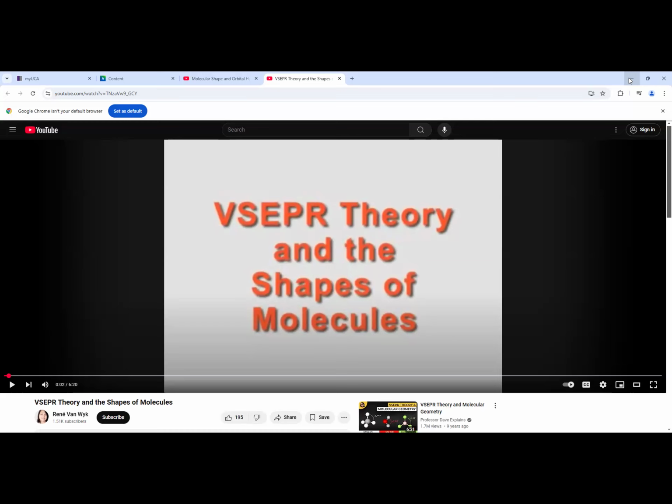Your oxygens have an octet. They have 4 in the lone pairs and 4 in the double bond. Your carbon also has an octet because it has 4 in each of the double bonds for a total of 8. So this is the Lewis dot structure for carbon dioxide.